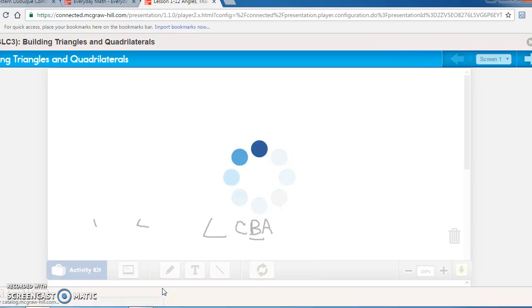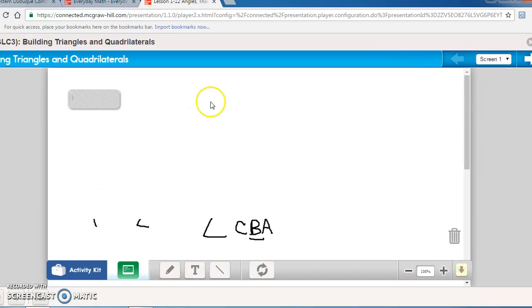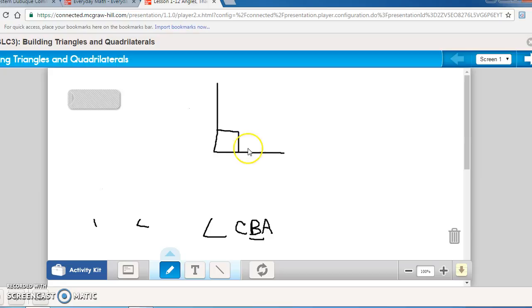Remember that square in the corner that I drew on the other page? That is the right angle symbol. That shows you that it is a square corner.